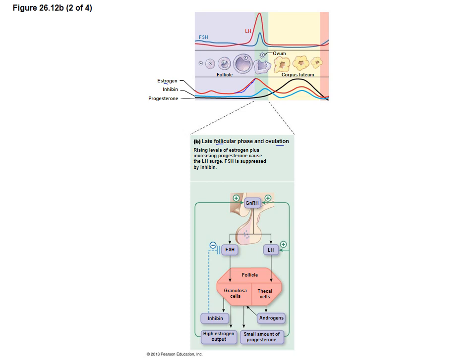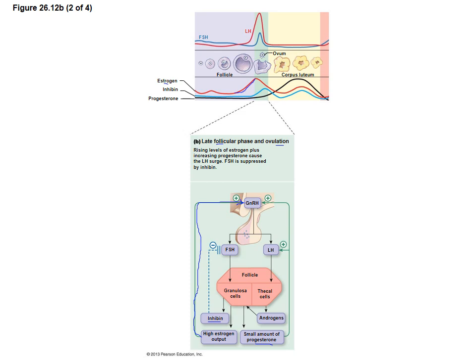So usually, there's only one dominant follicle that actually develops to ovulation. Now, as the follicular phase ends, the granulosa cells of that dominant follicle begin to secrete inhibin. And progesterone is also secreted. And estrogen, which had previously exerted a negative feedback onto the gonadotropin releasing hormone, has now switched to a positive feedback.